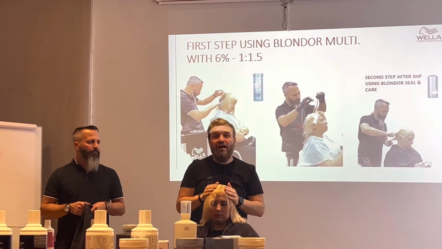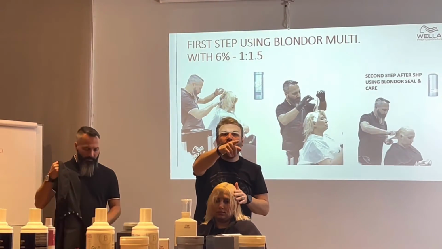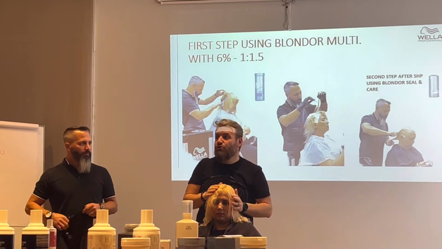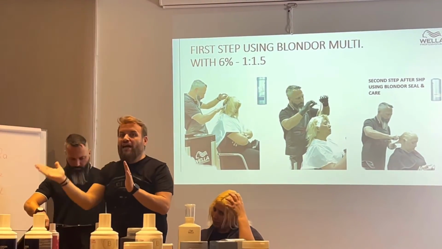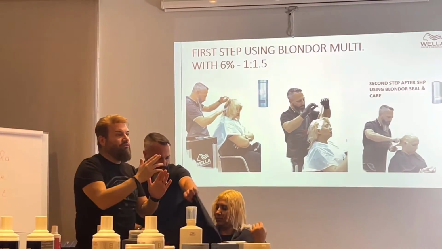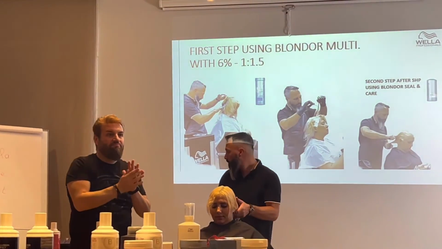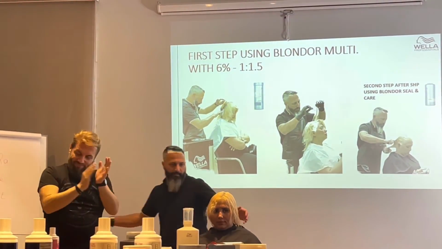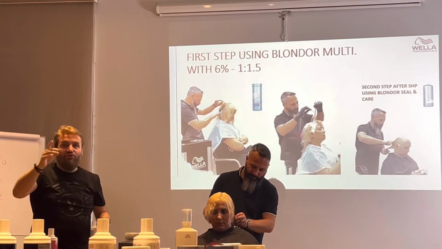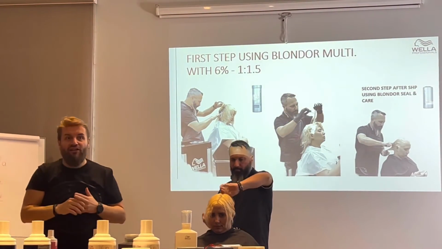And I will neutralize the yellow. Who of you can remember which shade I should use to neutralize yellow? Which reflection? Violet. Bravo, violet. Do you remember which number is the violet in Wella?